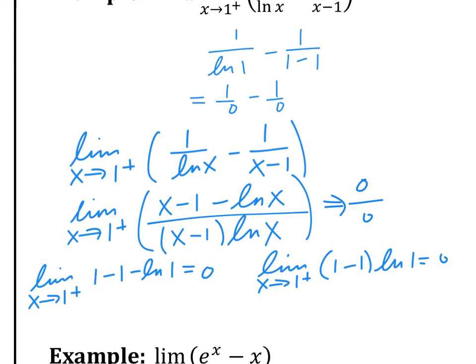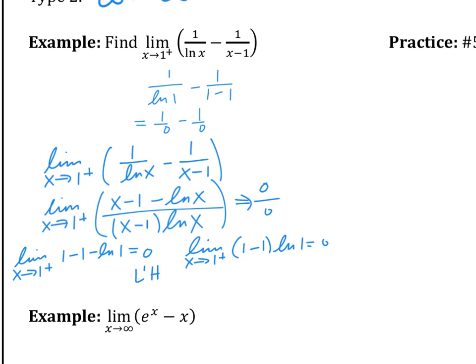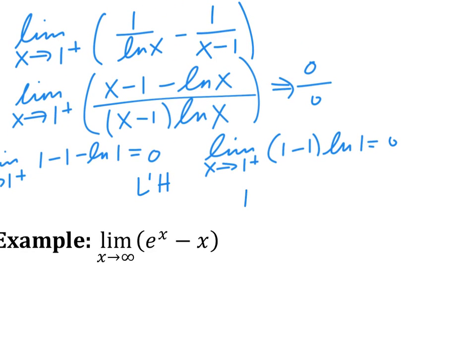All right, go ahead and use L'Hopital's rule and figure out what the answer is. All right, so if we take L'Hopital's rule, we get 1 minus natural log x over x minus 1 times 1 over x plus natural log x.